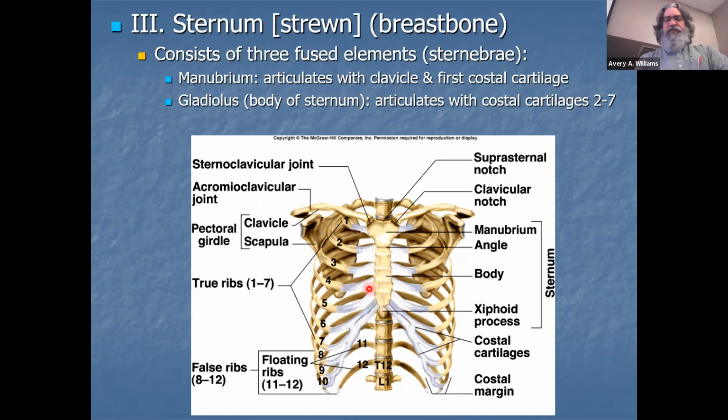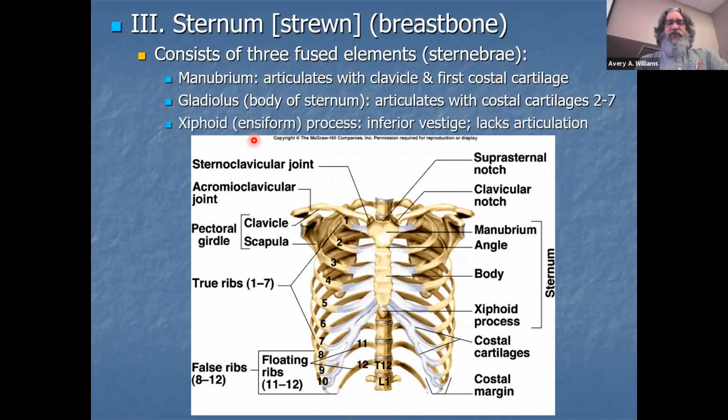If you see one of these in person, it will have little divots for those. Well, I thought we had 12 pairs of ribs. You do, but not all of them attach to the sternum, just the first seven. Okay, so there you go. You've got the manubrium and the gladiolus. And then finally, the third element of the sternum, this little bitty stalactite sticking down right here.